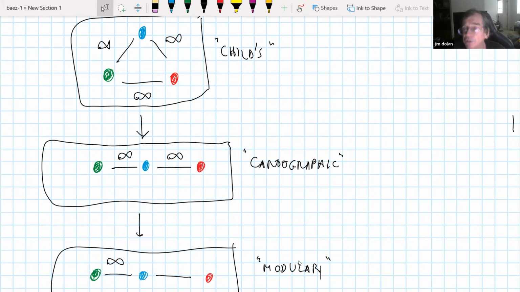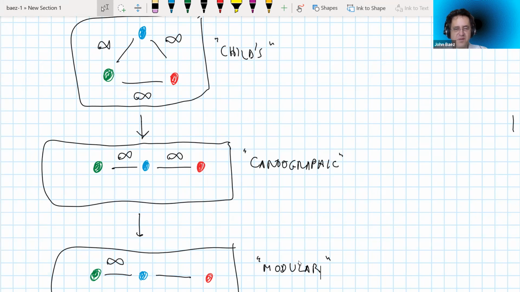Over the Riemann sphere, there are these finite discrete fibers. So that really is important.